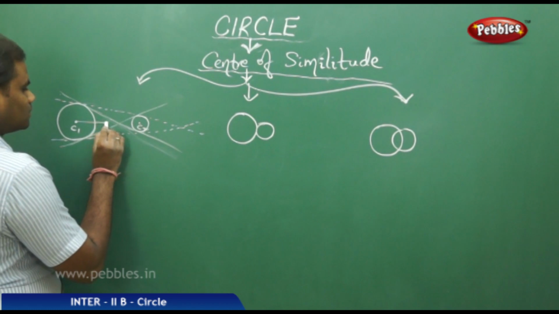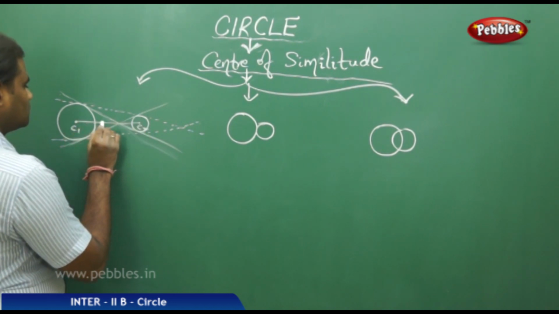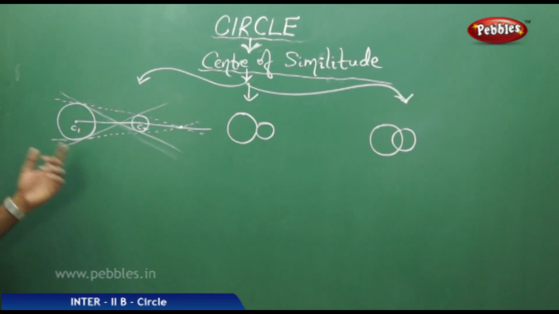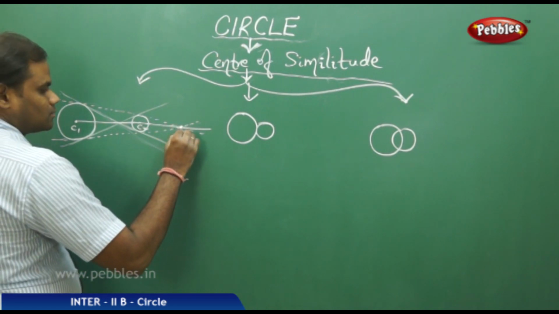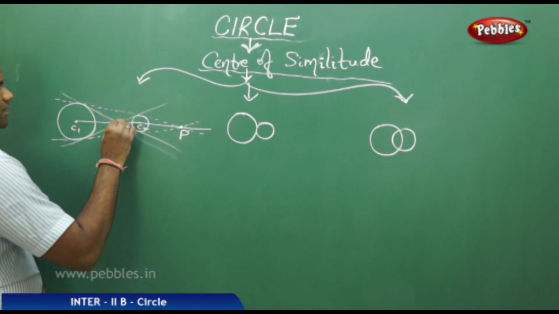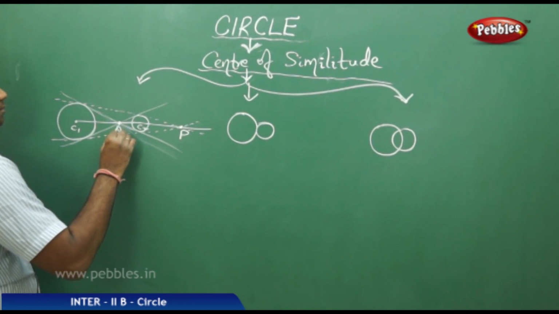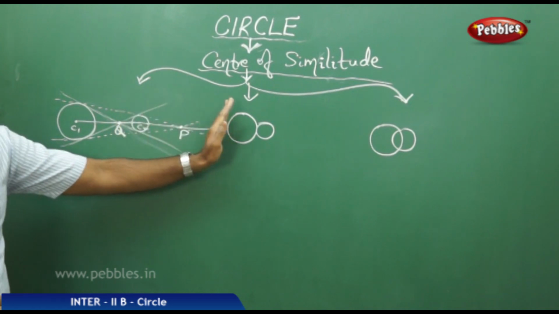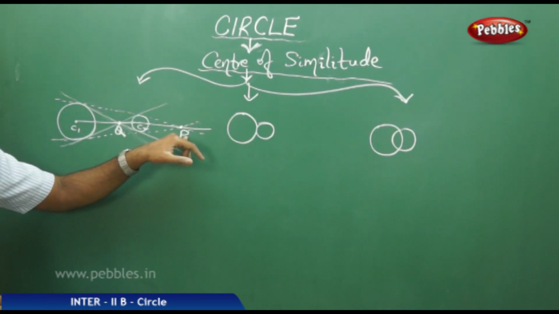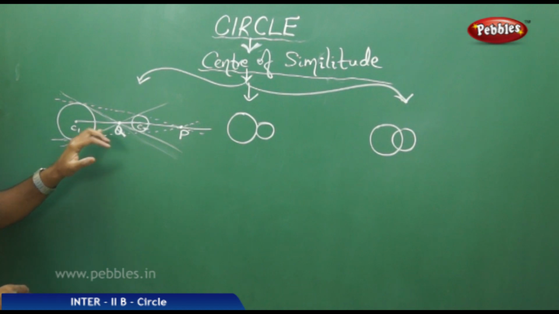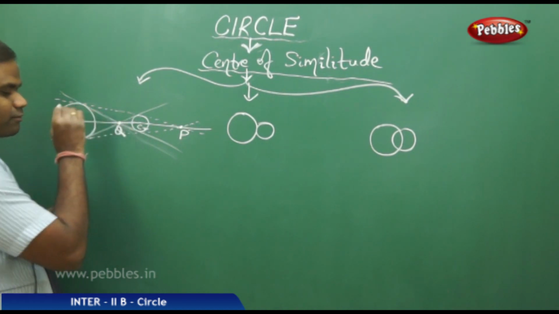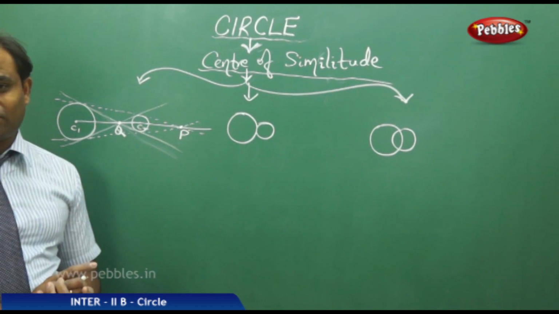Then when I join them, I see that there are 2 points of intersection of the pairs of tangents, one is P and the other is Q. When the pair of tangents intersect outside the two centers, this point is called the external center of similitude, and if the pair of tangents intersect between the centers, then that point of intersection is called the internal center of similitude.